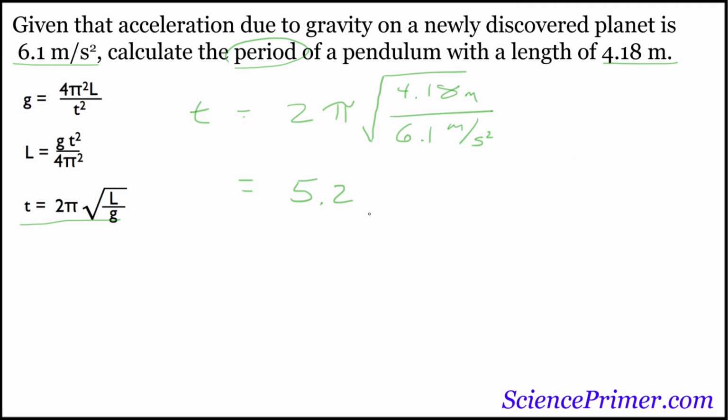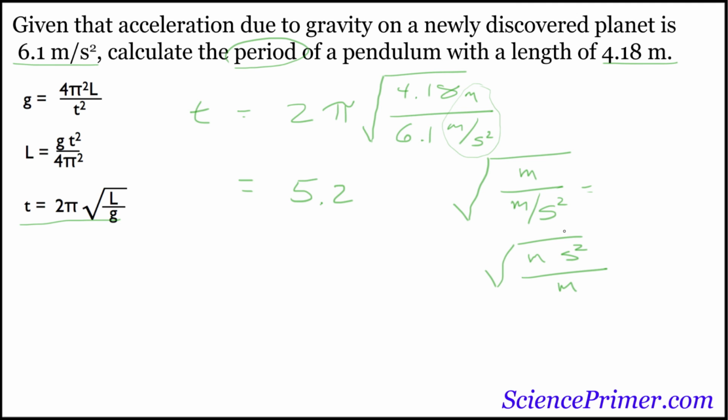And now the last thing we need to do is figure out what the units are here. I didn't deal with the units when I was dealing with the numbers, so let's pull these units out and look at how they cancel out. So we start with meters over meters per second squared. In order to get meters per second squared out of the denominator, to rearrange this, this is equal to the square root of meters seconds squared over meters.